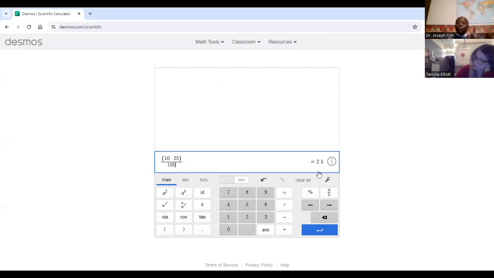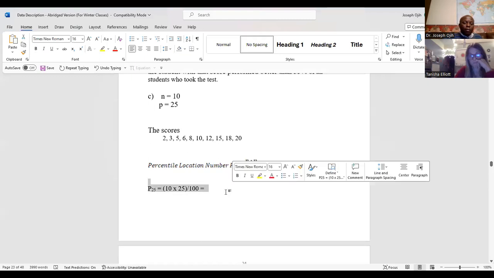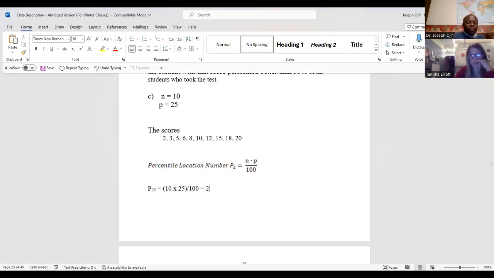2.5. Now, if you get a decimal number, go right to the next number. Even if it's 2.1, go to 3. So long as there's a decimal part, go to the next number. Here we have 2.5, which means you're going to use the third number.